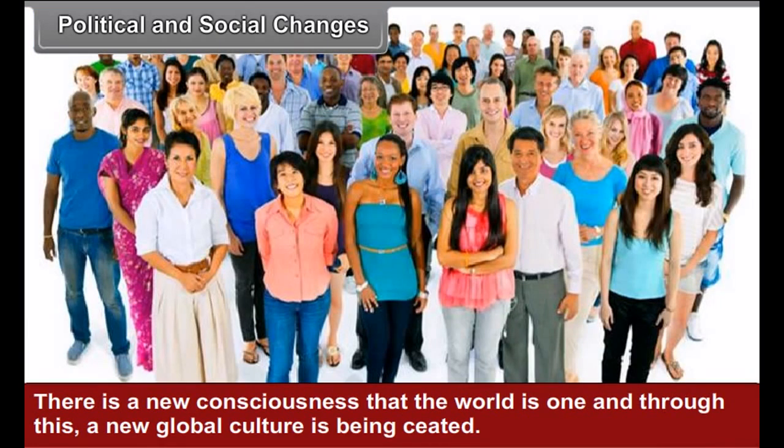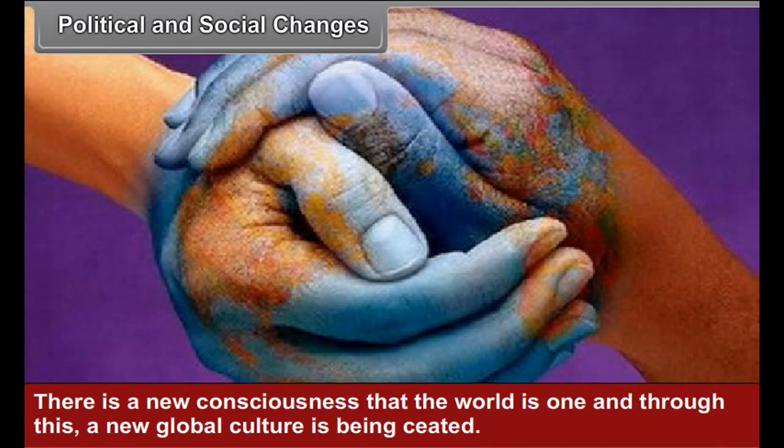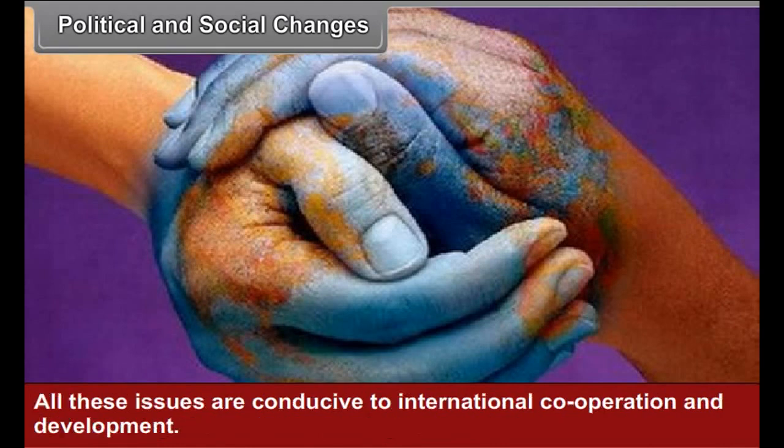There is a new consciousness that the world is one, and through this, a new global culture is being created. All these issues are conducive to international cooperation and development.